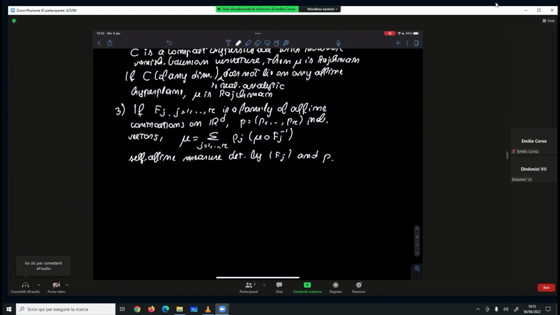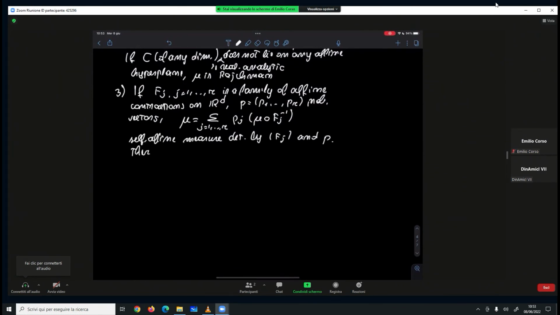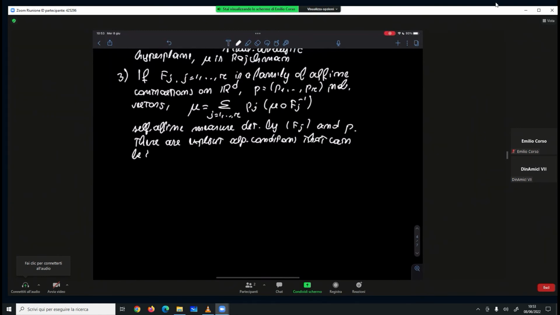Well, there are some explicit algebraic conditions that can be concretely checked and imposed on the set of affine contractions Fj, which ensure again that the measure mu has Fourier decay, that mu is Rajchman.